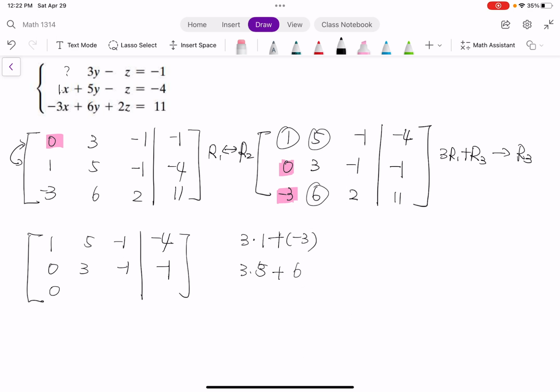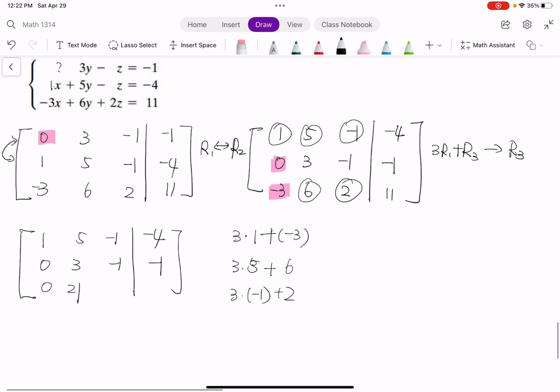So what is that? That's 21. And 3 times -1 plus 2, that's -1. And then 3 times -4 plus 11. So that's -1.